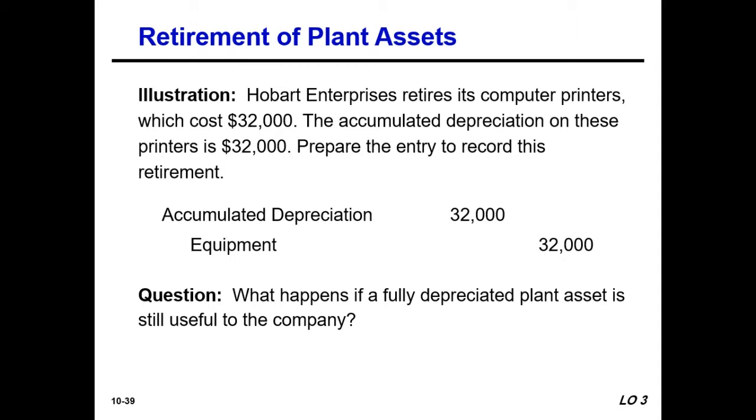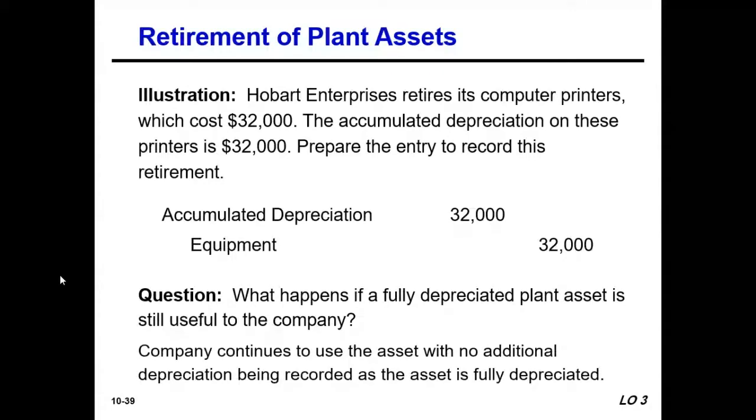In that case, we will not do anything. We continue to use it, but no depreciation will be recorded. Clear? You continue to use the asset with no additional depreciation recorded because the asset is fully depreciated.